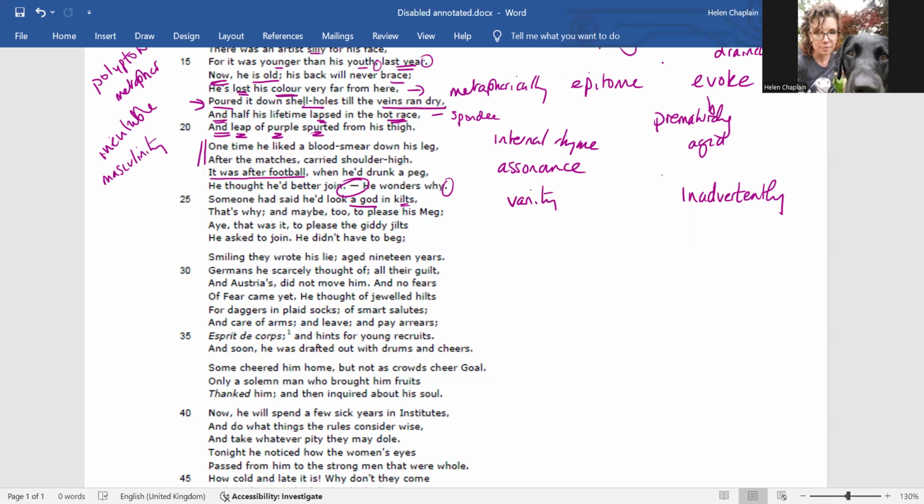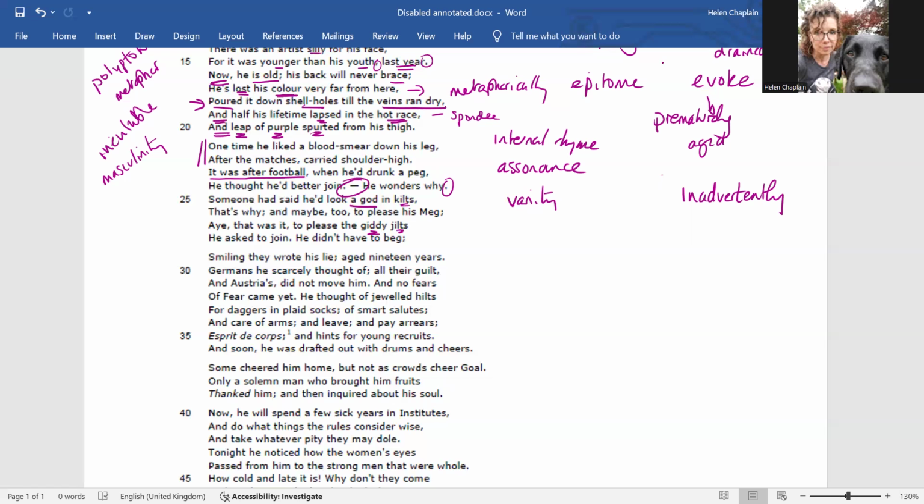That was it, to please the giddy jilts he asked to join. Giddy, if you're kind of giggly and superficial. And he realizes now that it was kind of pointless. There wasn't any substance or meaning behind it. Jilts is another word for just giggly women, I guess.